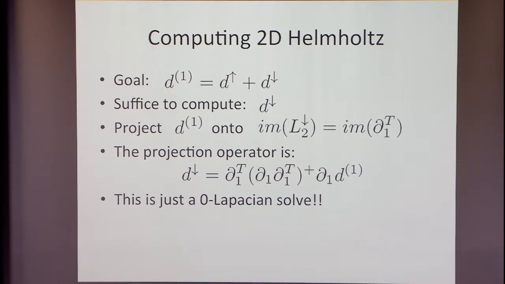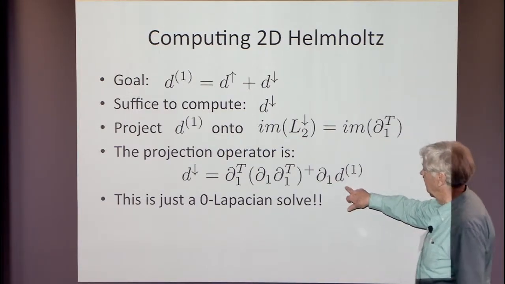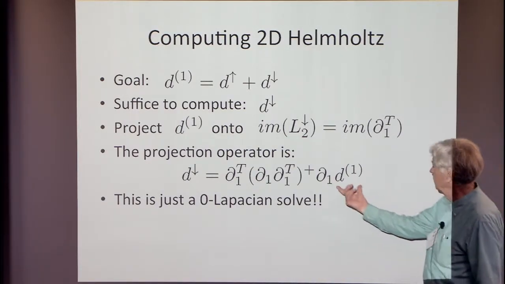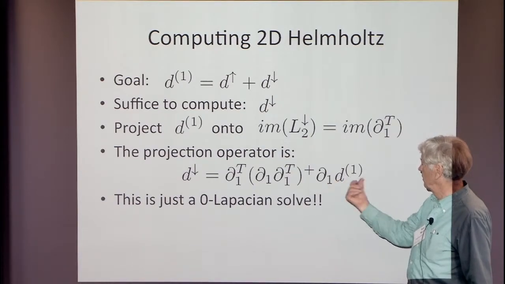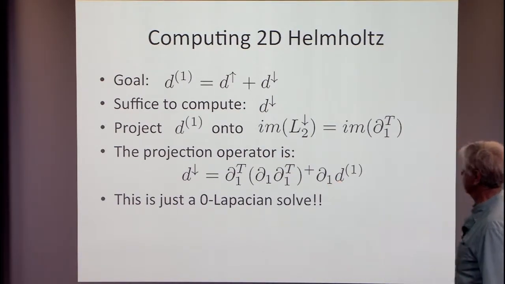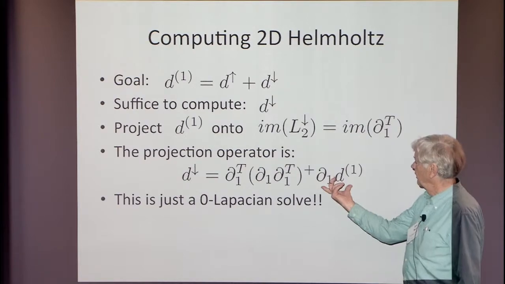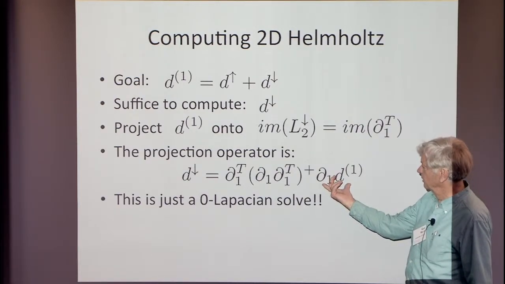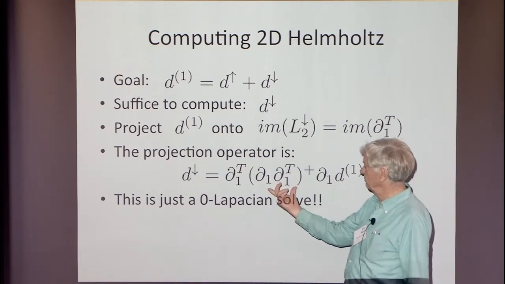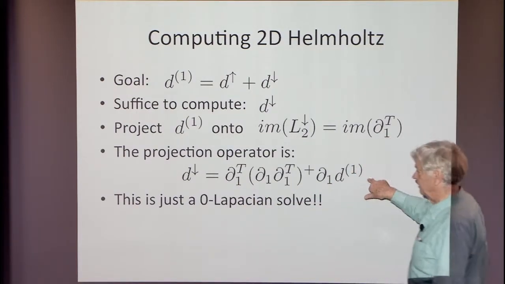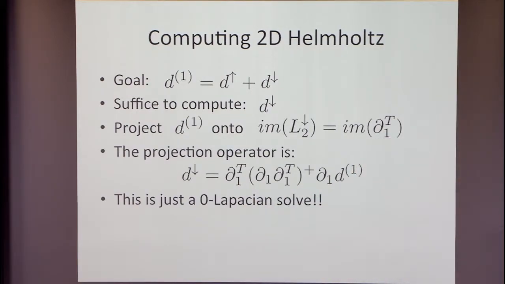Okay? I claim when you work that out, that's just a simple projection operator. Right? You take your demand and your flow, and then you convert it to a residual. Then you apply the inverse operator and go back. This is just the classic formula for a projection operator.